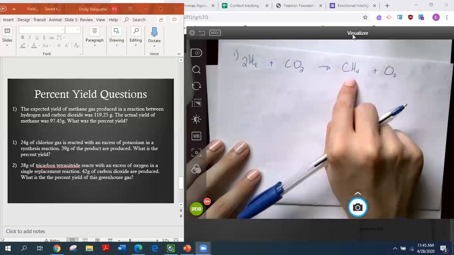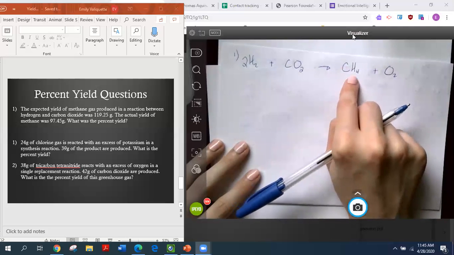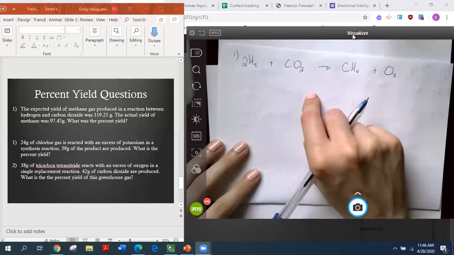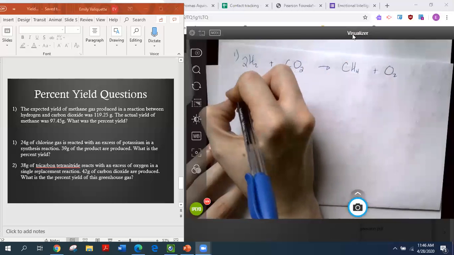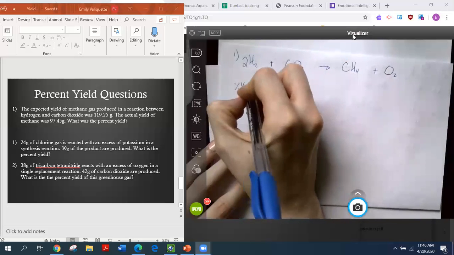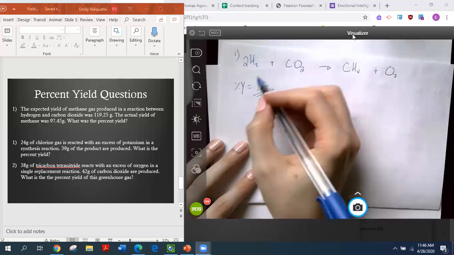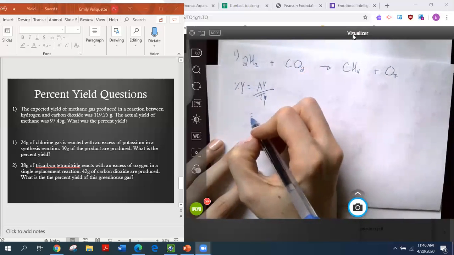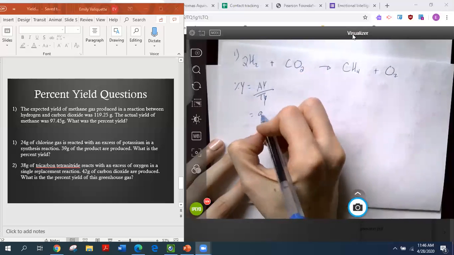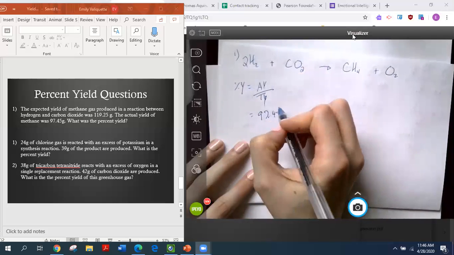The expected yield of the reaction was 119.25 grams. The actual yield was 97.45. So for this one, we just have to do the percent yield is actual yield over theoretical yield. The actual yield, we're told, is 97.45.